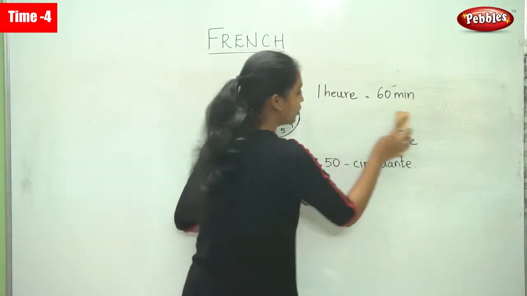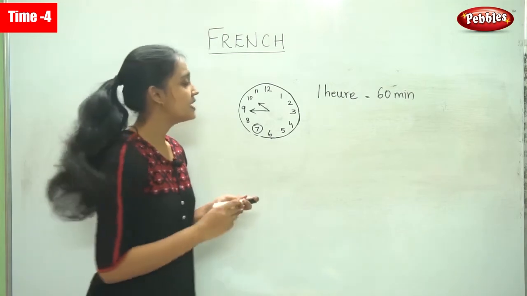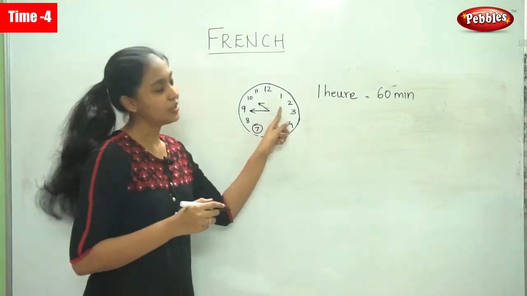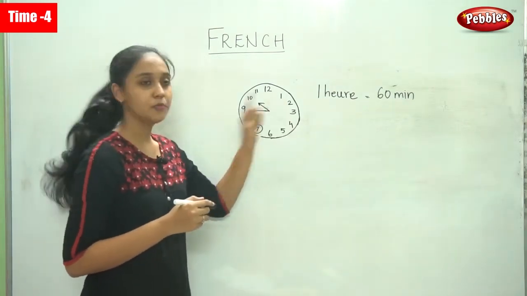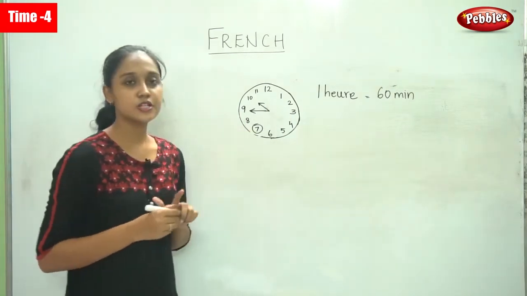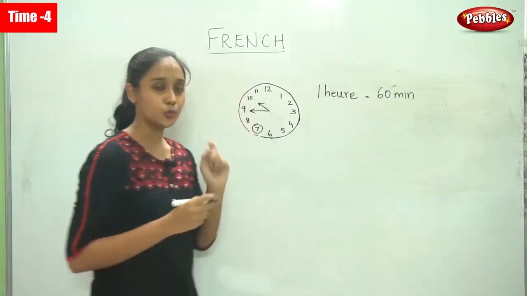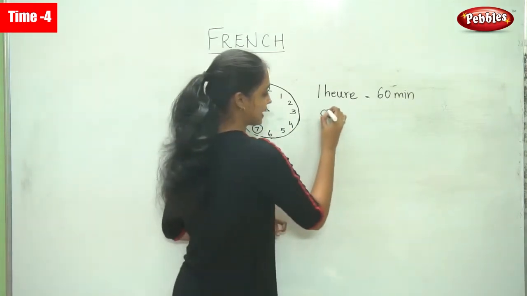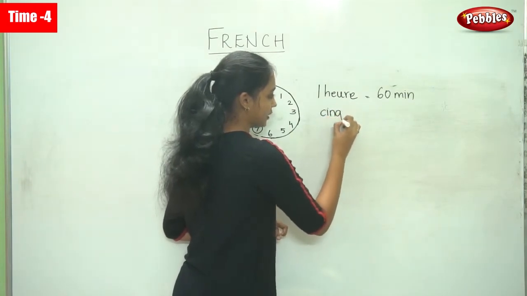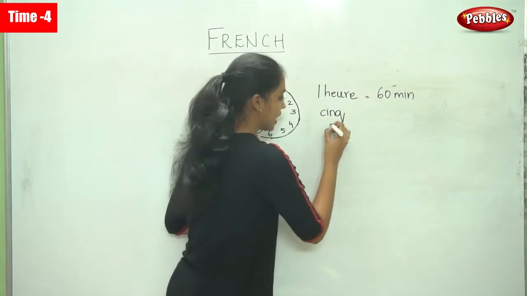But here we are going to focus on the multiples of 5. If the long hand is on 1, it would be 5. On 2 would be 10.